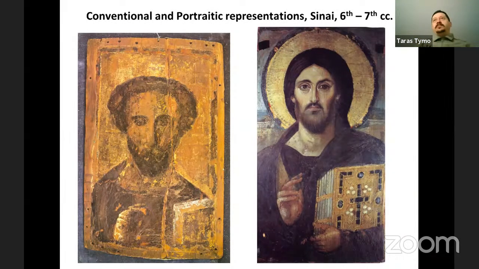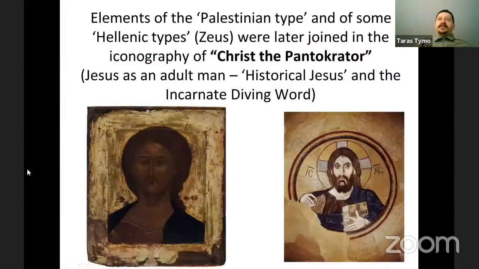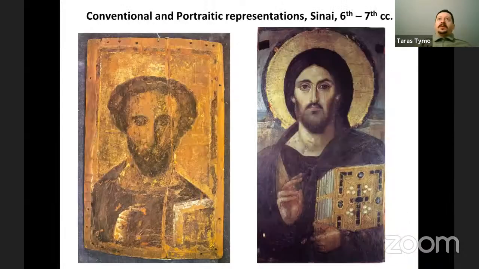And of course, it's legitimate to ask why. What happened in that time that all the Christian artists started to represent Jesus with such a great similarity and commonality? And in a minute, I will address this problem.